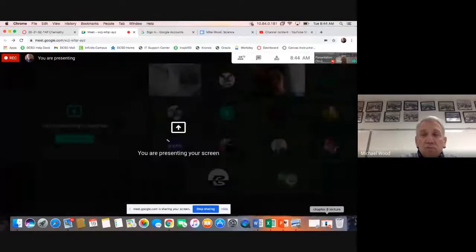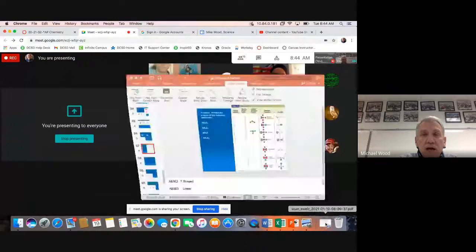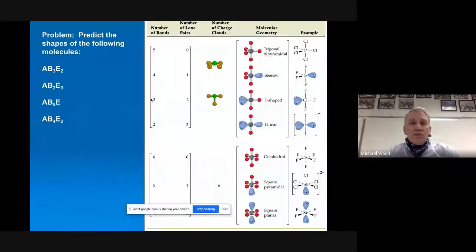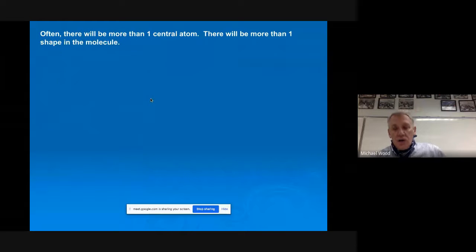Okay, so this is going to be on polarity. It's going to be, I think, some that are familiar, some that we have had in the past. Okay, so this is right where we were. Okay, finishing up shapes. Well, before we get into polarity, I'm just going to leave this up here for a minute. I'm going to have you guys try these.